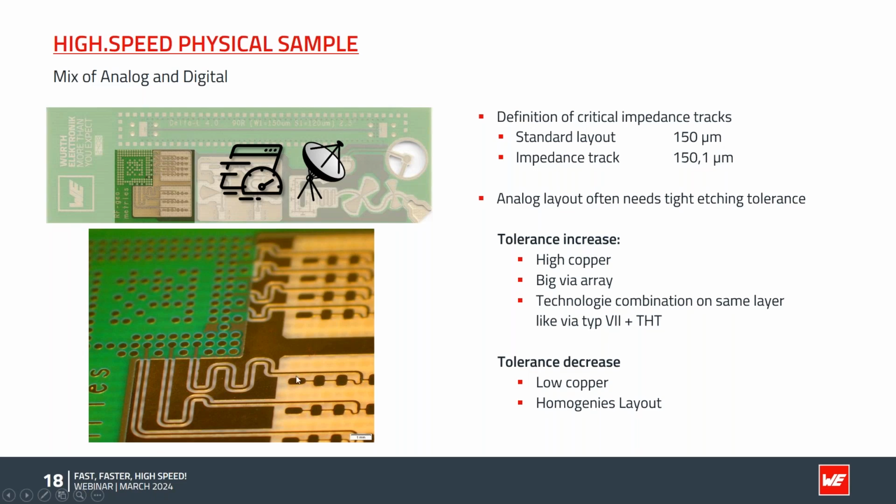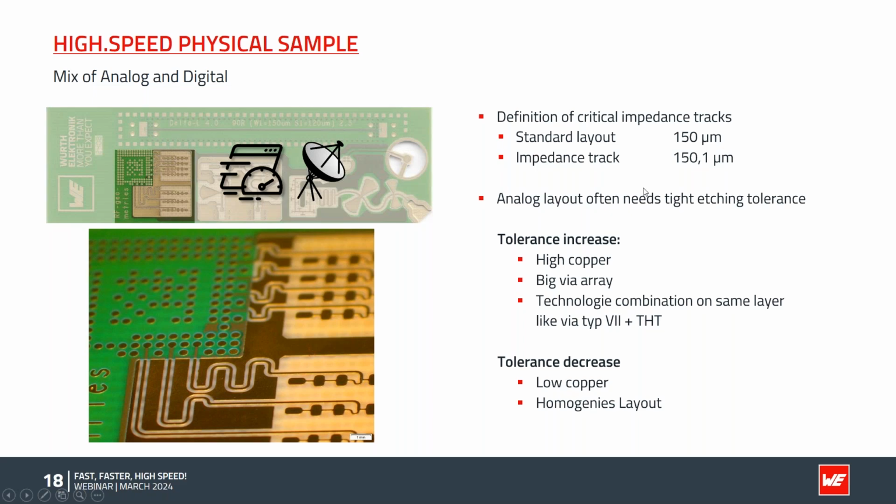Often here, very tight tolerances in size are needed. And for us, it's often very hard to find out where the critical path is and what is the standard track. The point here is the standard IPC tolerances are often too wide for such an application, and if we just apply the standard tolerance, the performance of the system is not as good as expected.